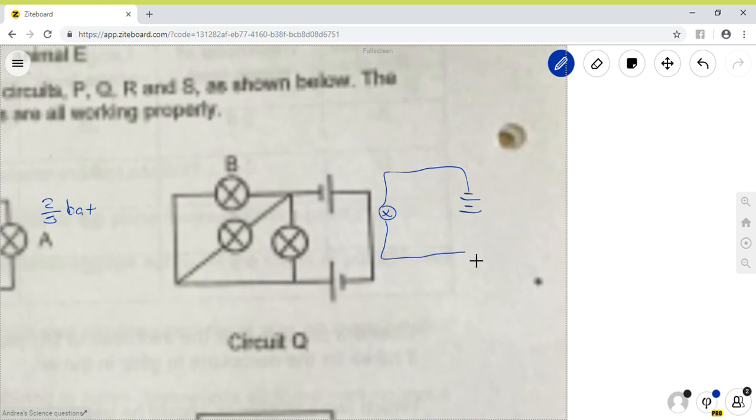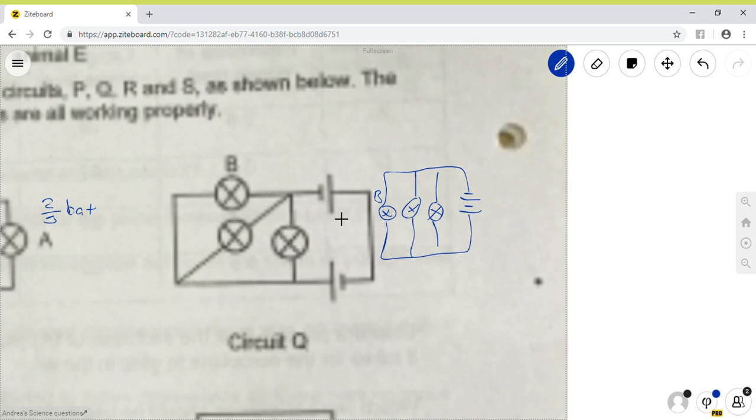This one comes back here, and in the middle you have three parallel. So B is here, 3 parallel.